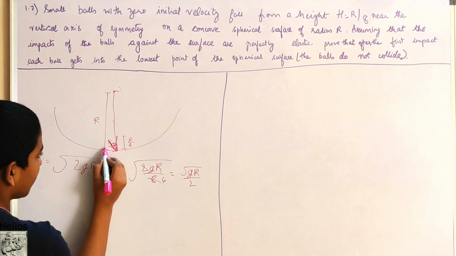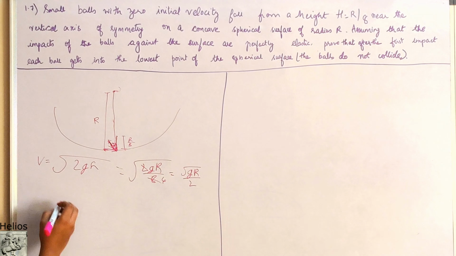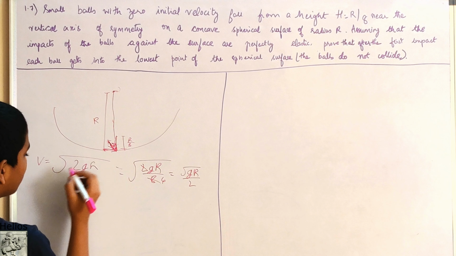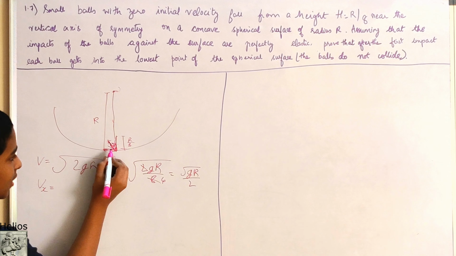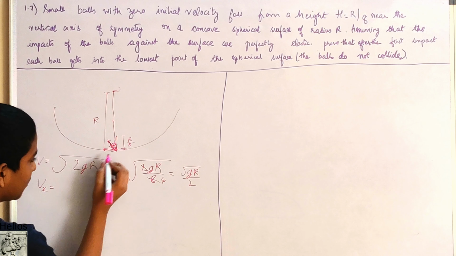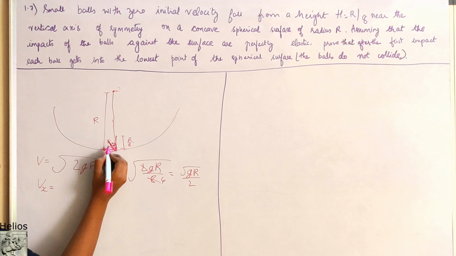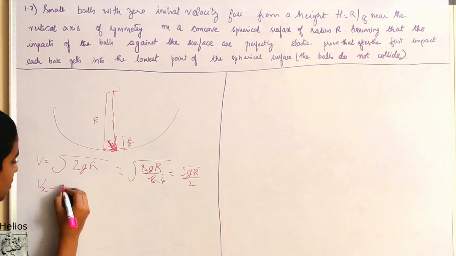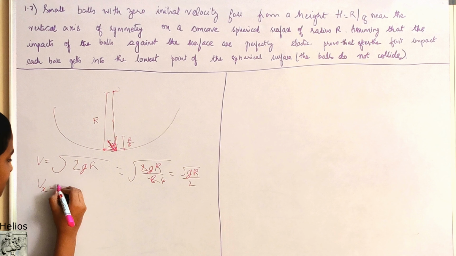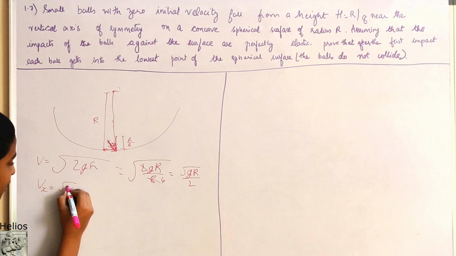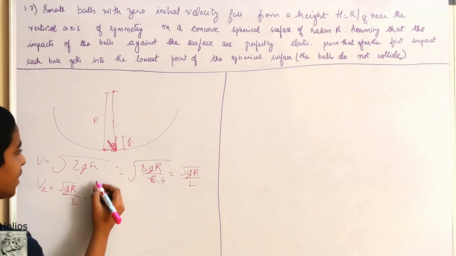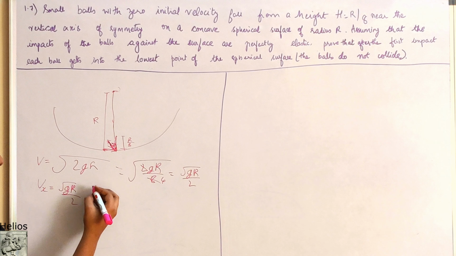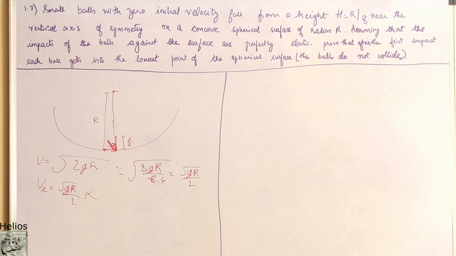Now we will find the horizontal component. Horizontal velocity Vx equals, as this angle is 2 alpha, root over gr by 2 into sine 2 alpha. As alpha is very small, sine alpha tends to alpha, so this is alpha into root gr.